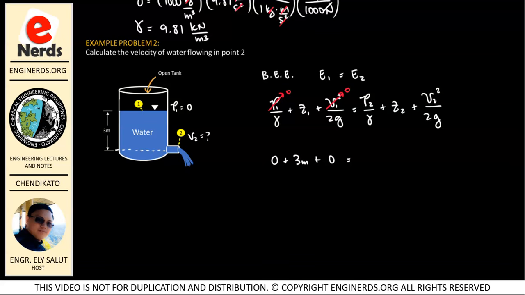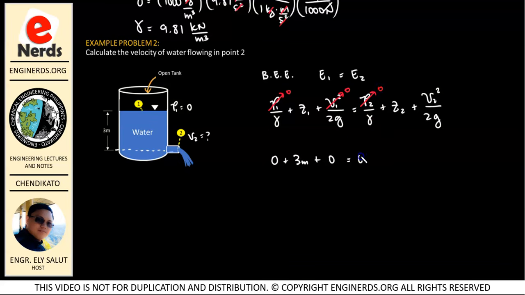Okay? So, it is no longer acting based from the internal pressure natin. It is now acting based from the pressure of the atmosphere. Okay, so I hope that is clear. So that means our pressure at point 2 is also equal to 0. Okay, so this will be 0.